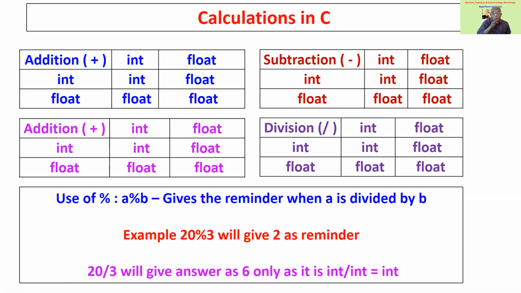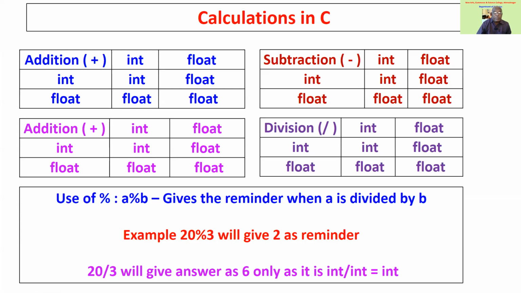Now I am going to give you some examples. See, use of percentage. A % B gives the remainder when A is divided by B. So let us see the example: 22 % 3. Divide 22 by 3. So it is 6 into 3, 18, plus remainder 4.